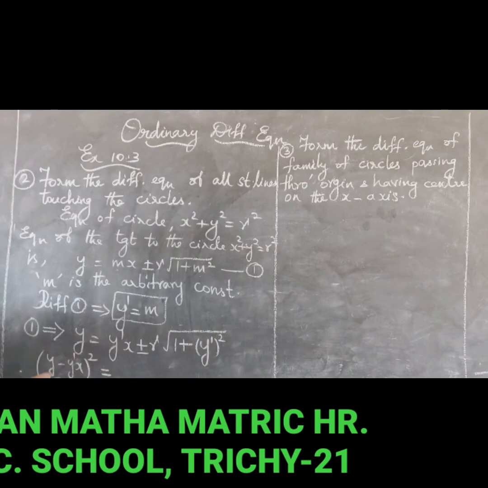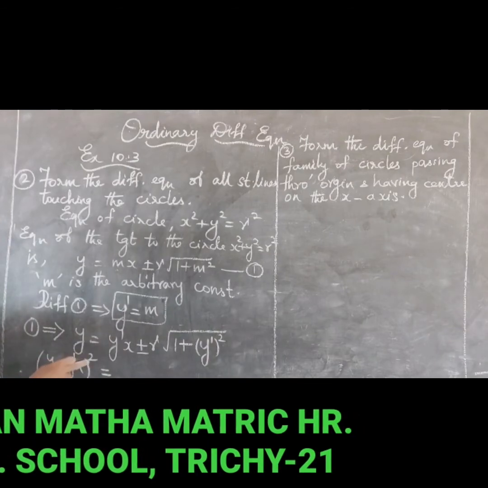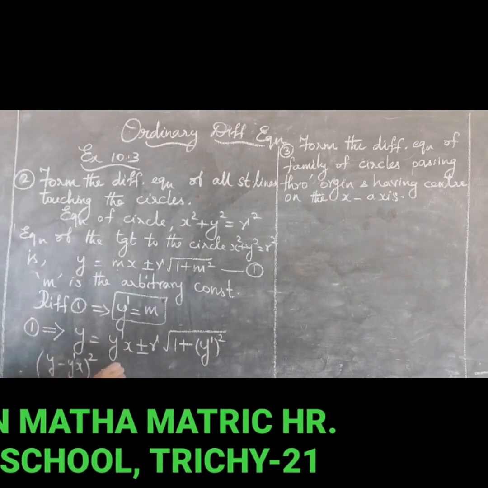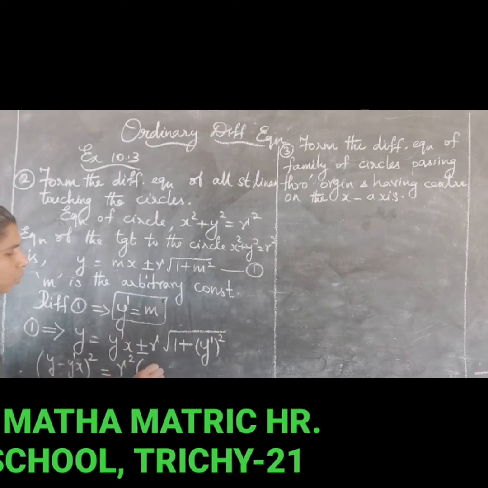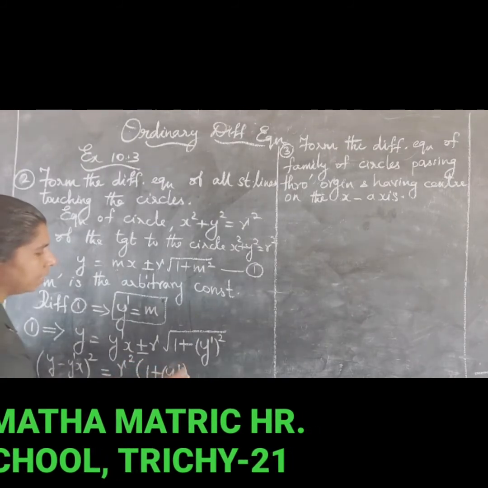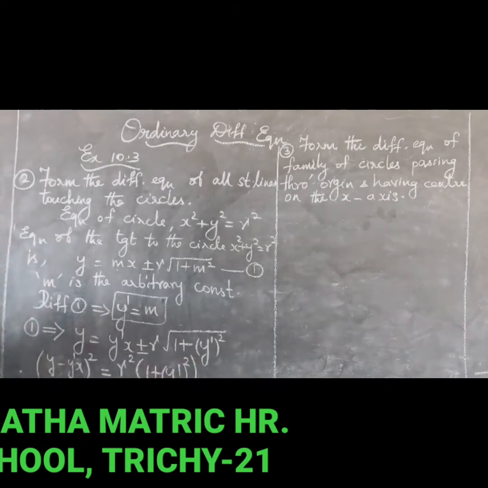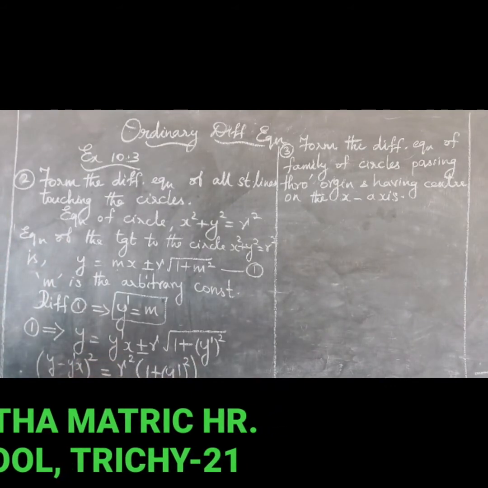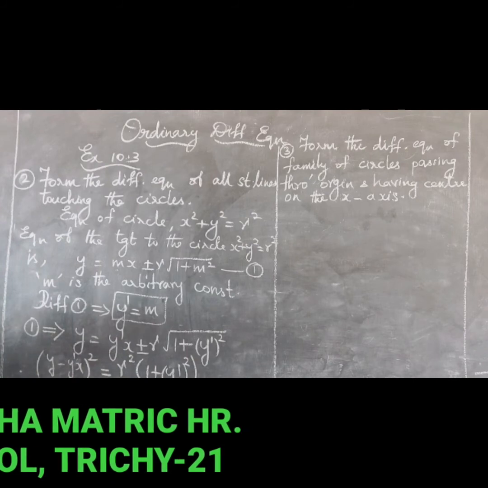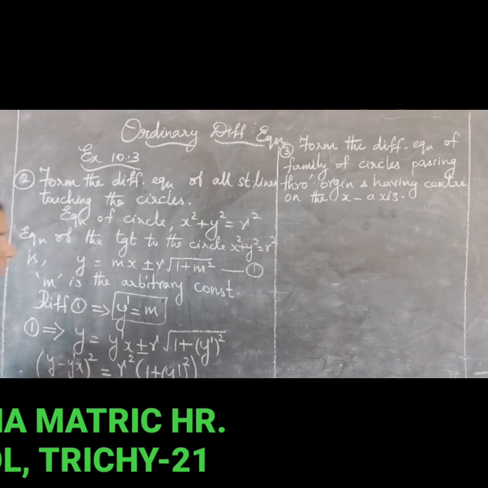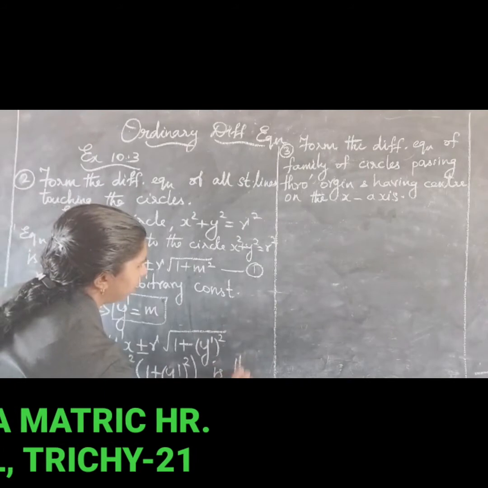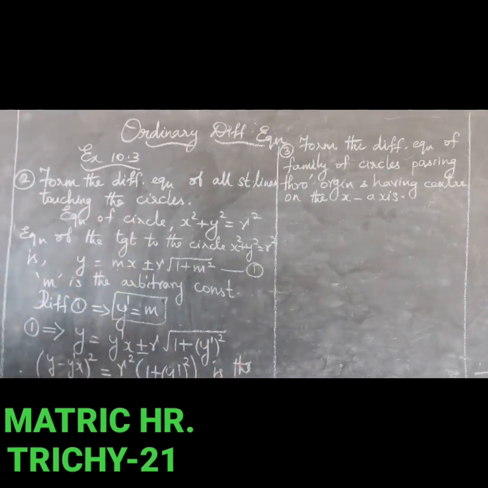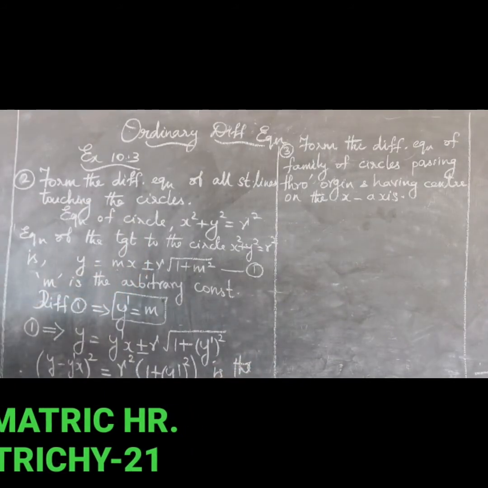That's why we write y minus y dash x the whole square is equal to r square into 1 plus y dash the whole square. So in the last equation, there is no m. The equation is framed only with x, y dash and r. Therefore, this is the required differential equation.